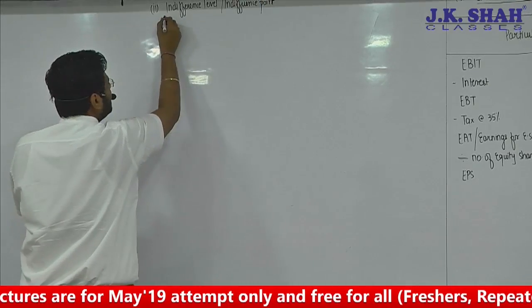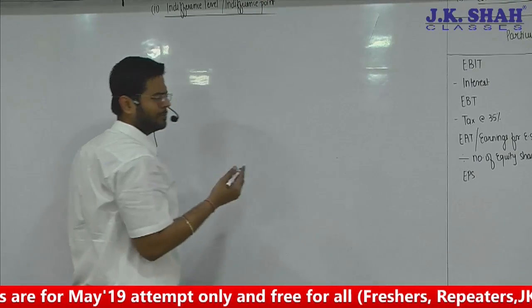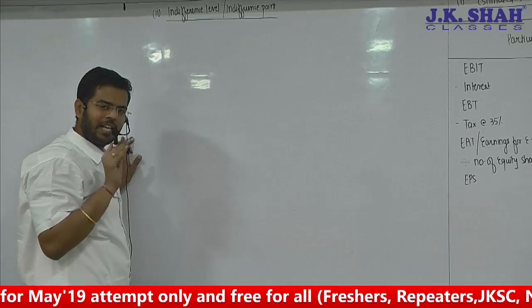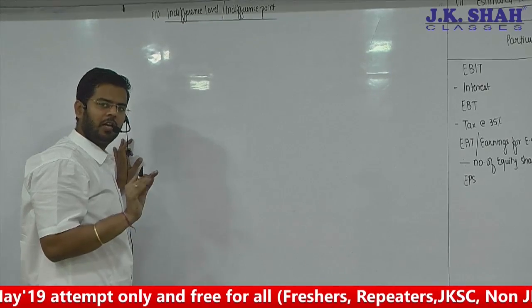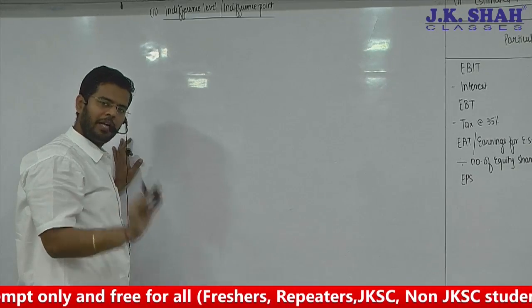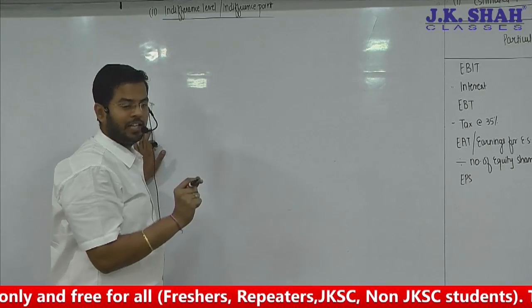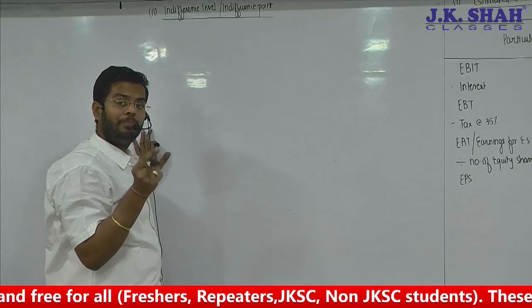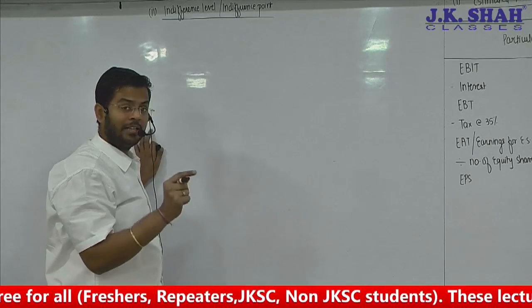We have just discussed what's special about this. It is like EBIT only. Just remember, friends, this is nothing but an EBIT level, an operating profit level, but the speciality is that at this level, EPS of both plans is the same.